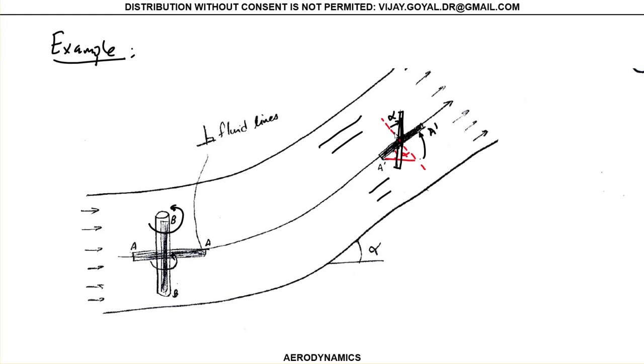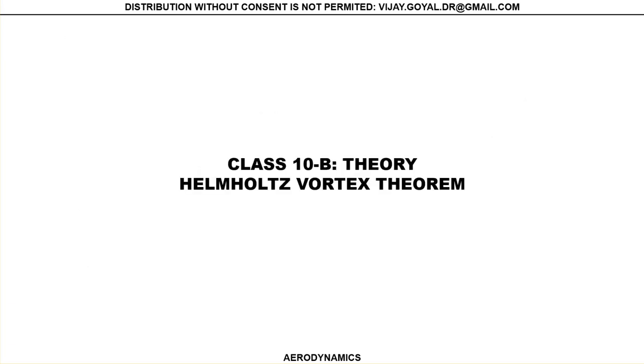So now my vorticity is no longer perpendicular to my flow. And the reason behind it is the Helmholtz three vortex theorems. Okay, so this concludes the discussion on Helmholtz's three vortex theorems, and next we will do some examples.